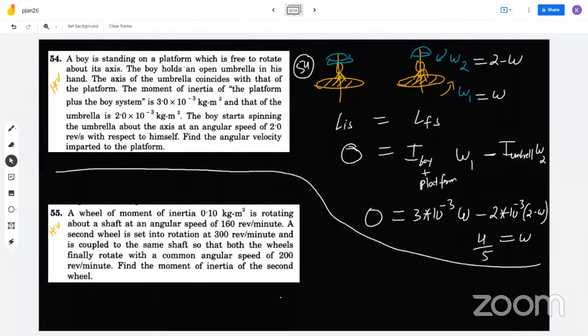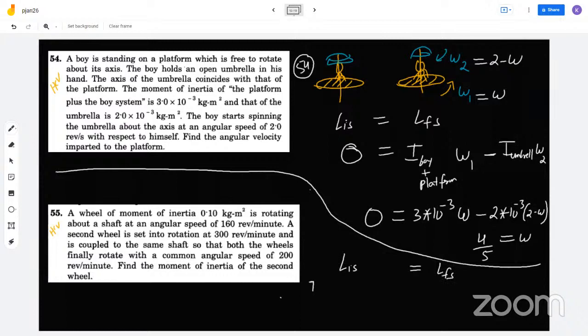So in this, the second wheel is set into rotation and is coupled to the same shaft, so that both the wheels are on the same shaft, with the same rotation. So the angular momentum of the system, initial equals final.